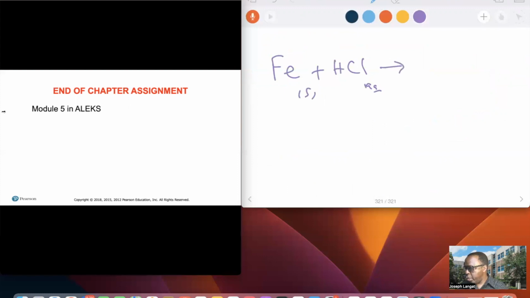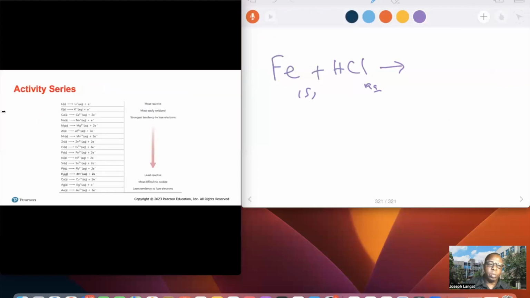If I look at the activity series, iron is above hydrogen, so the reaction will take place, and it can be iron(III) or iron(II). It doesn't really matter. Let's say iron(II) plus hydrogen gas.